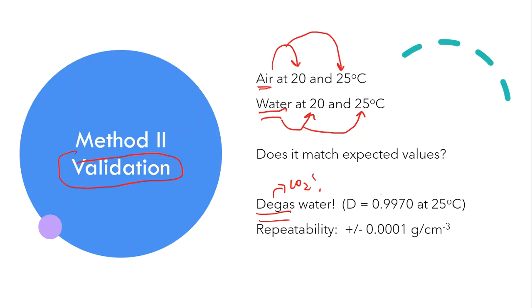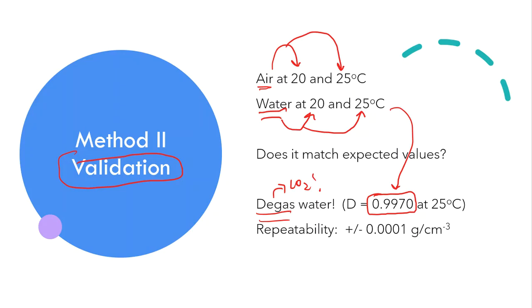So the density of water at 25 degrees, which is pretty standard, should be 0.9970. So if I did water at 25 degrees, I hope that I would get 0.9970. And if not 0.9970, plus or minus at least an acceptable window around that value.